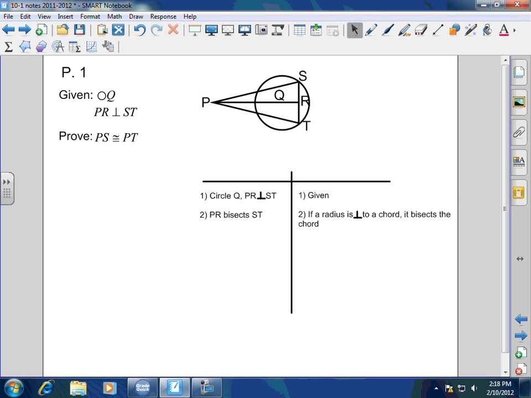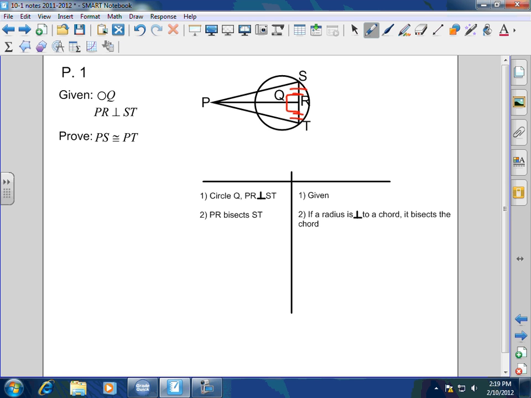If a radius is perpendicular to a chord, it bisects that chord. They told you that it was perpendicular already, so you didn't have to state that angle PRS and angle PRT are right angles. No. Just knowing that it's perpendicular is enough to activate the theorem. If the radius is perpendicular to the chord, then it bisects the chord. And there you go. Okay?